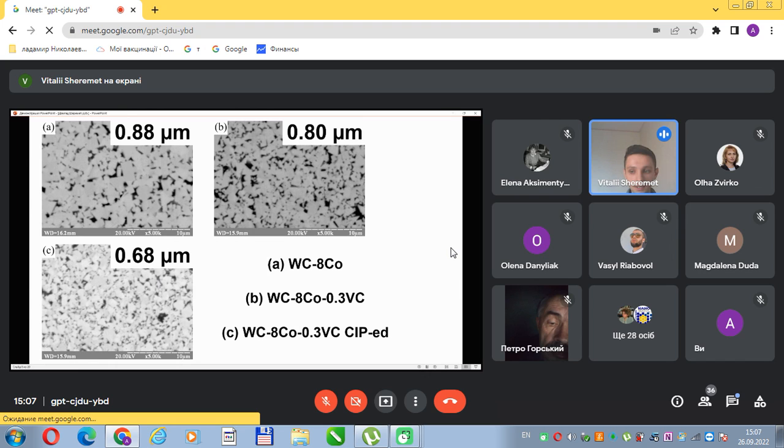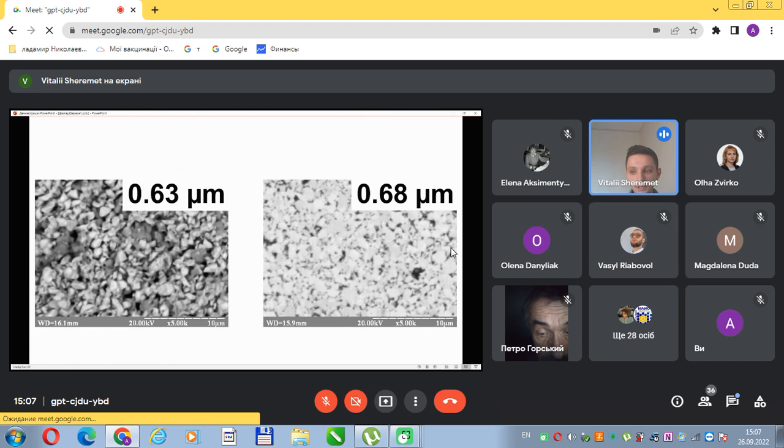This means that thanks to the combination of cold isostatic pressing and the addition of vanadium carbide grain growth inhibitor, it was possible to obtain an alloy with an average tungsten carbide grain size so close to the average tungsten carbide particle size of the initial powder.